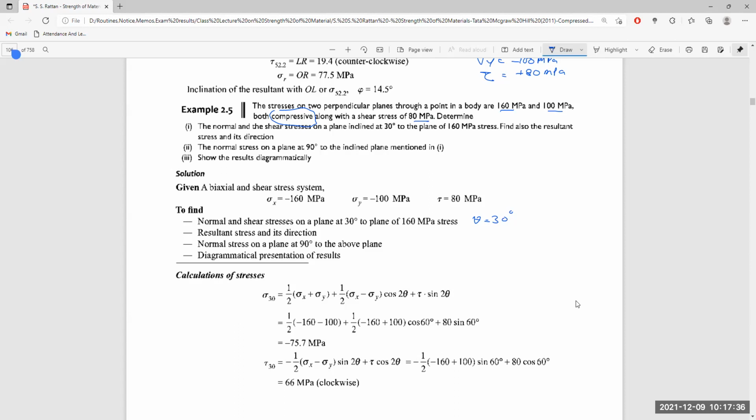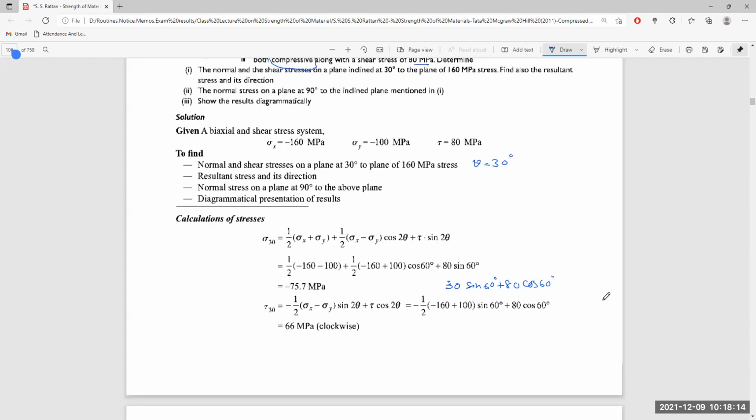So here it is minus 60, divided by 2 is 30, sin 60, plus 80 cos 60. If you make the calculation, we get 66 MPa, and as it is positive, it is clockwise.